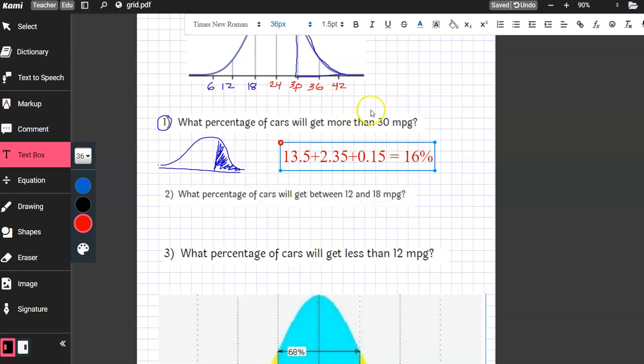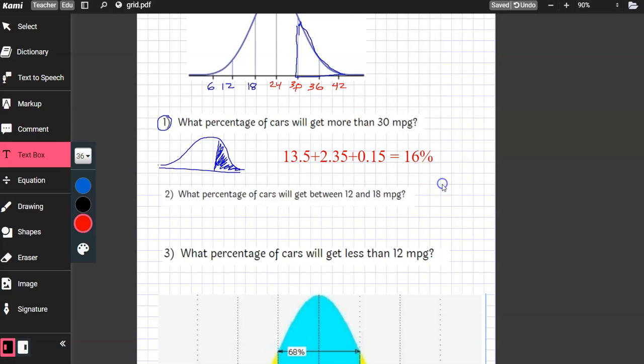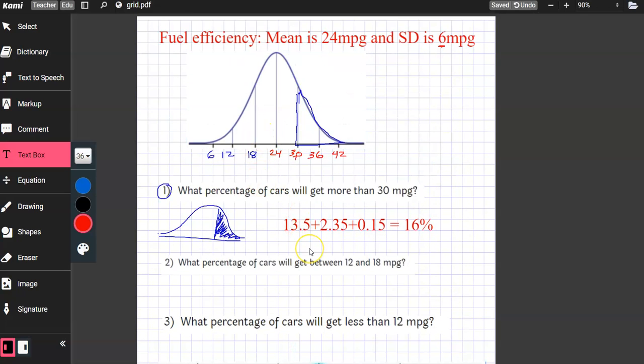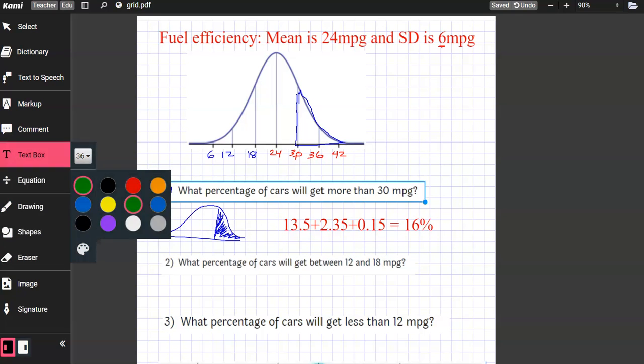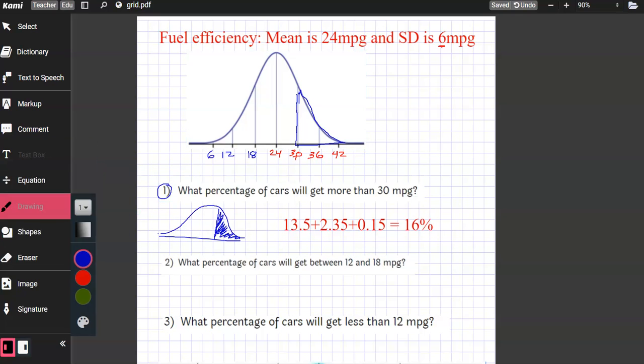Okay, the next one says what percentage of the cars will get between 12 and 18 mpg. So let's see, 12 to 18 is right here. So 12 to 18 is only talking about this little piece here, this little section.